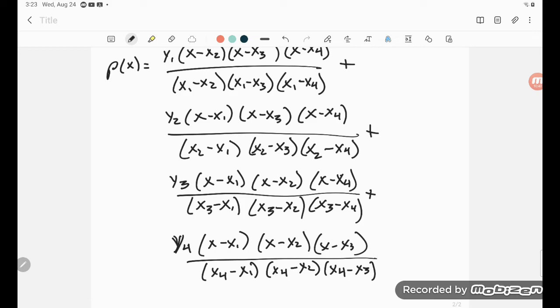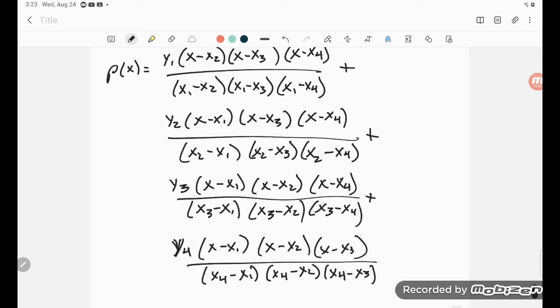So there we go. There is a cubic polynomial going through 4 points. And in general, you see that's going to be the pattern.